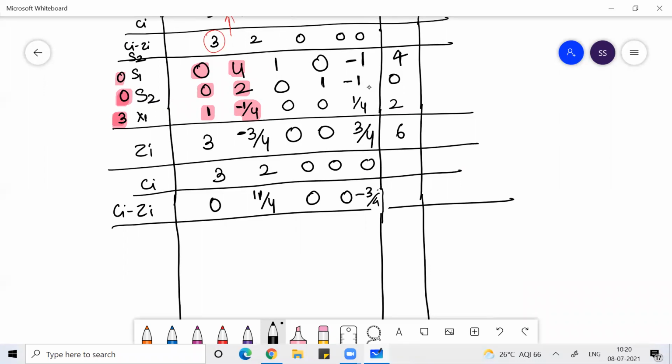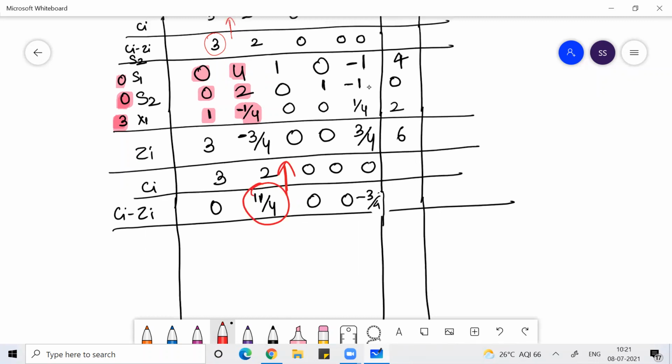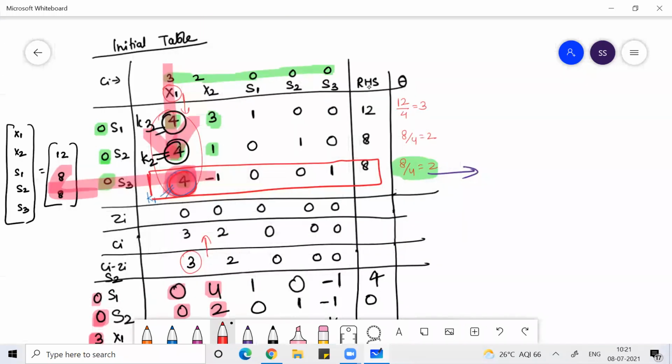So when you see this Ci minus Zi value, we'll keep solving the problem till all Ci minus Zi is either 0 or negative. Here you can see the significant value of Ci minus Zi. It means now it will enter into the solution, which corresponds to X2.